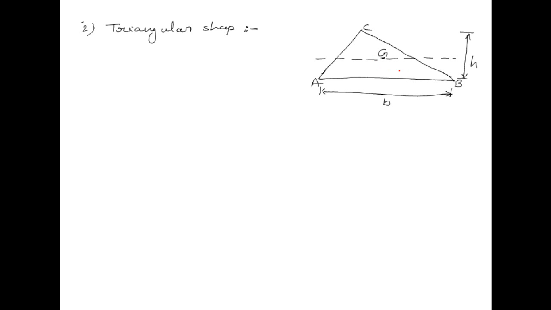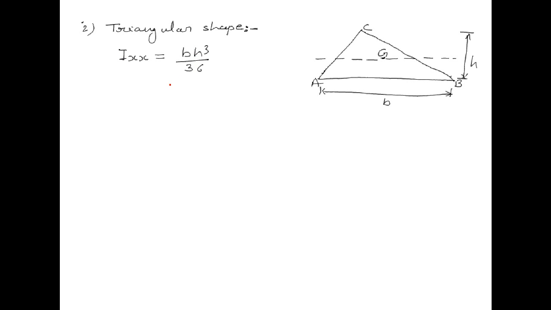this triangular section. So the moment of inertia of this triangular section about axis XX, this is Ixx, it will be bh³/36. This is the formula of the moment of inertia of this triangular shape about axis XX. So this is bh³/36.